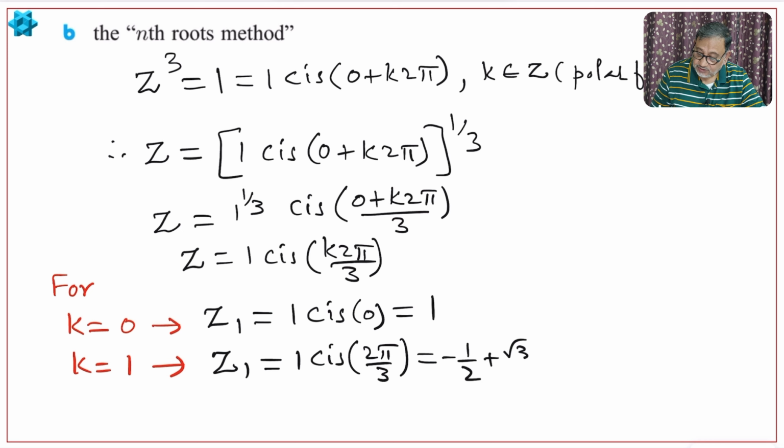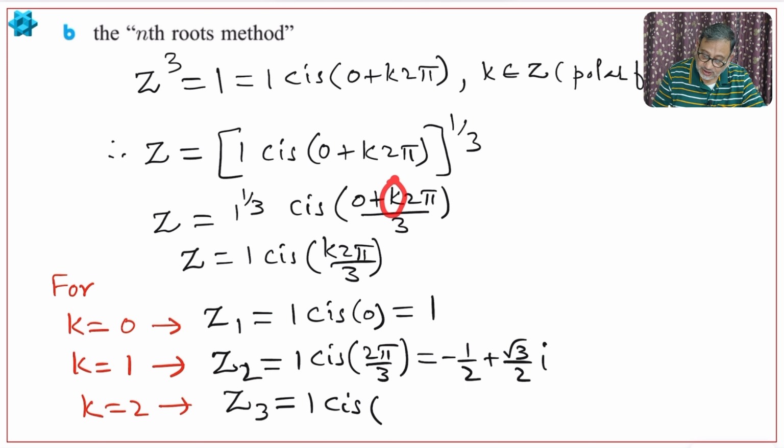So negative half plus root 3 by 2 i, second root. And the third root will be z3, replace k by 2, 2 into 2 pi by 3 is 4 pi by 3, so cis 4 pi by 3.